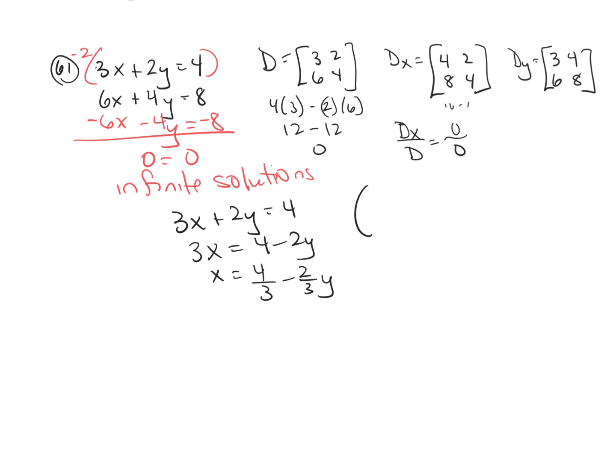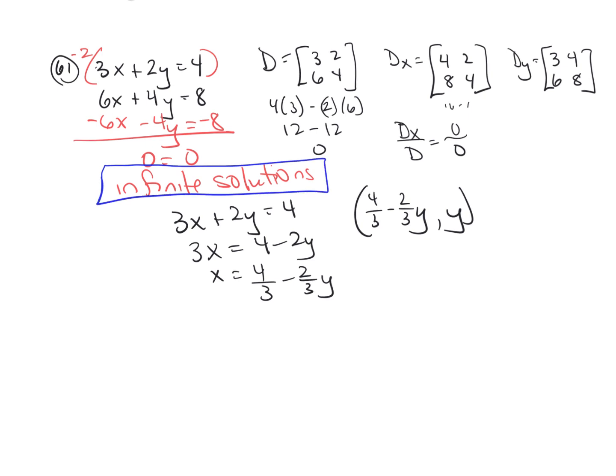So you can say, okay, y is our dependent variable, and then x is 4/3 minus 2/3 y. I don't need that. I'm very happy if you find out it is infinite solutions. I'm good with that.